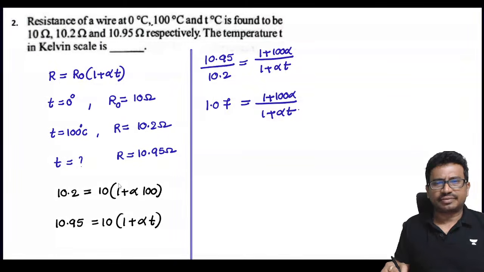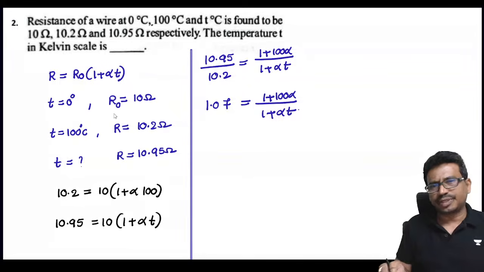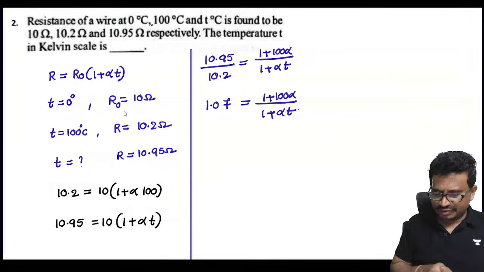No, the alpha value is not given. So what we can do here is use this relation to get the alpha value separately. If I call this equation 1.